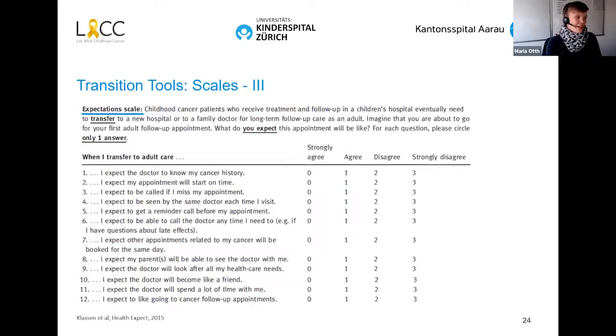And the third scale, and I have to say these are all validated scales, looks at the expectations of the survivors: what do they expect from the physicians, from the follow-up care visits, and from the whole setting?